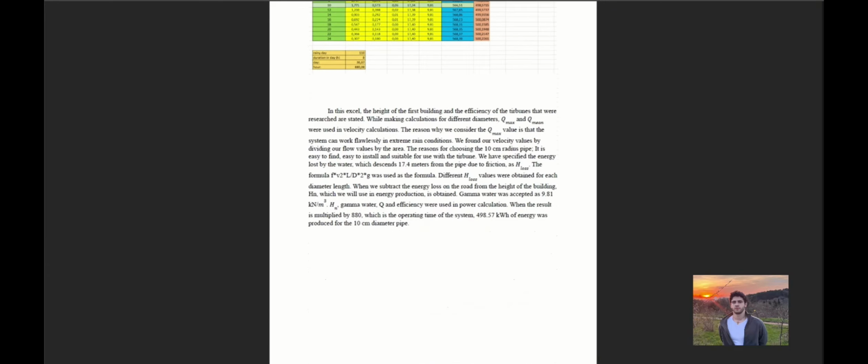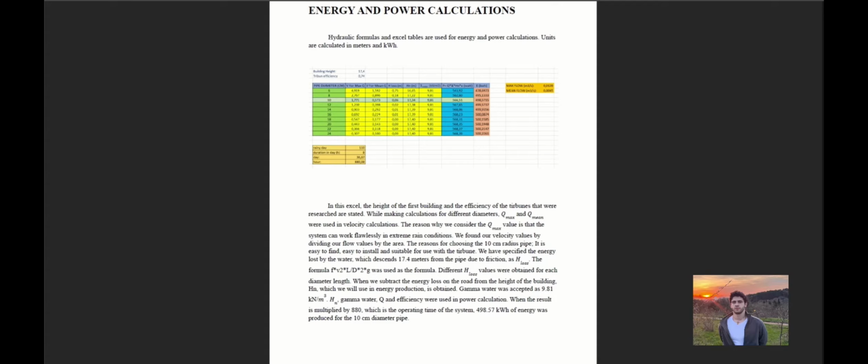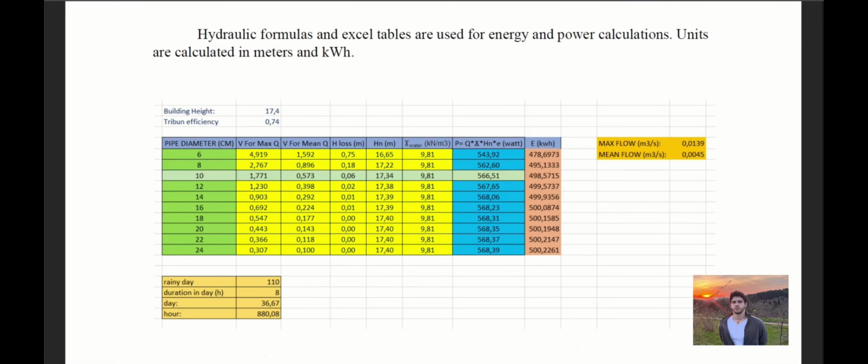Let's talk about how we do power and energy calculations. Here, there is an Excel table which is prepared by me. By using the weather condition data, we found the Q, mean flow value, and because we need to determine the suitable diameter for us, we calculate for different diameters.